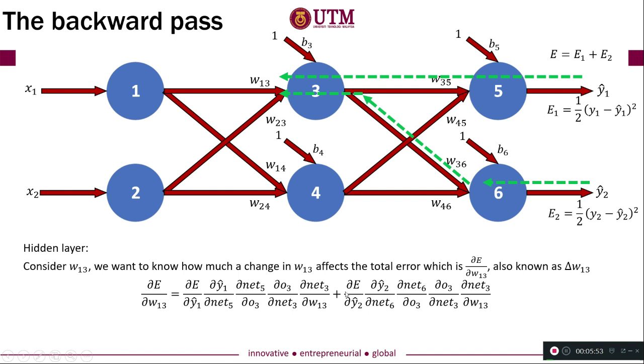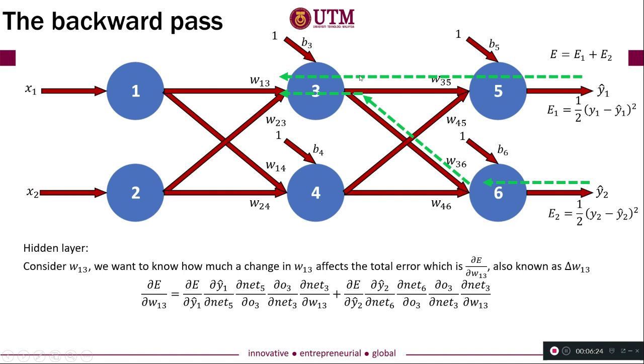You can try to check my expression there, it should be similar. Del E over del Y hat 1 comes from that direction, and then you repeat the same process. This one is del Y1 hat over del net 5, because this comes from the activation function of neuron 5, and this one comes from the input function of neuron 5.